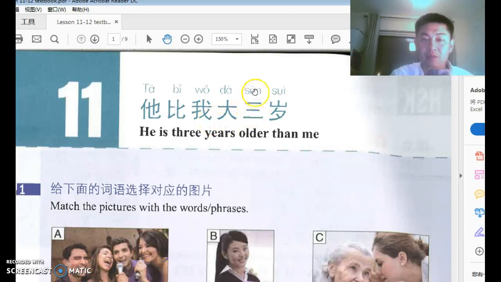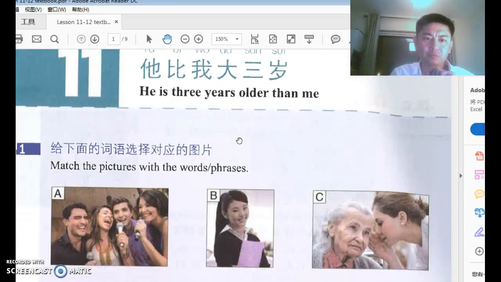And then there might be a supplement to the description. For example, 3 years older, so 3 years older than I. Or it could be 大一点儿, a bit older than I. Okay, so this description here, the adjective, could be complemented by something else to make it more complicated.